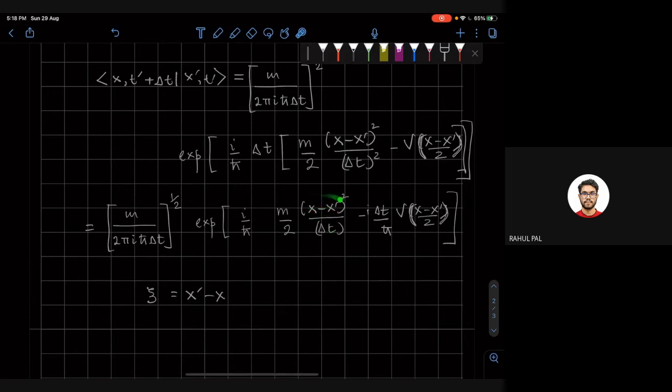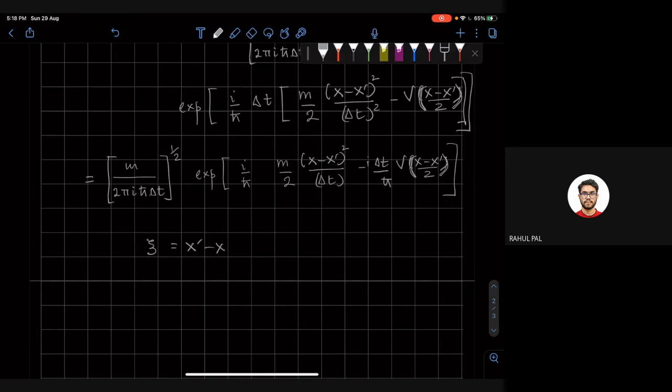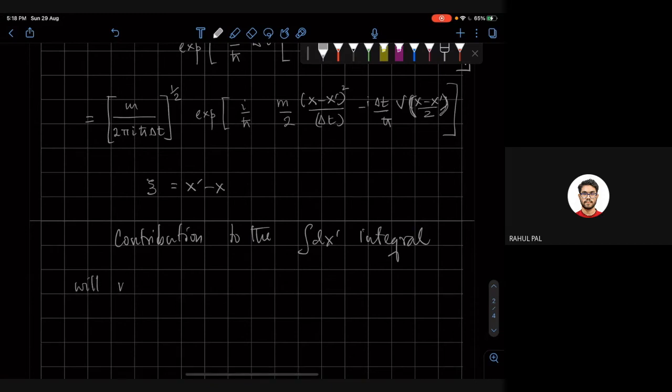In other words, the contribution to the integral will come from when psi is very small, around a small region around psi equals 0. So the contribution to the dx prime integral will mainly come from a small region around psi equals 0.